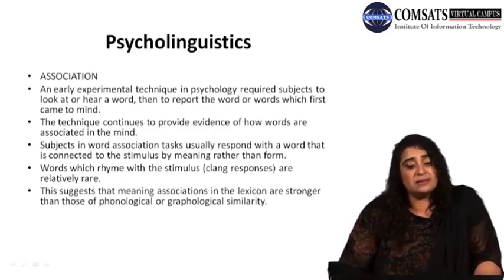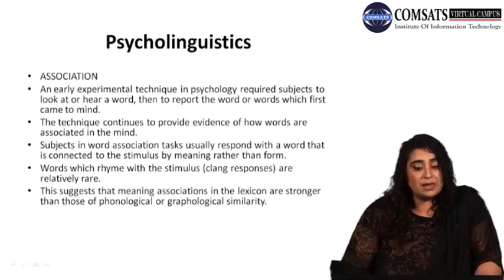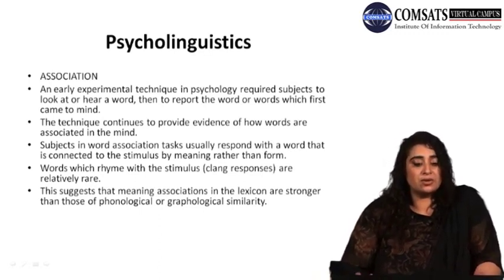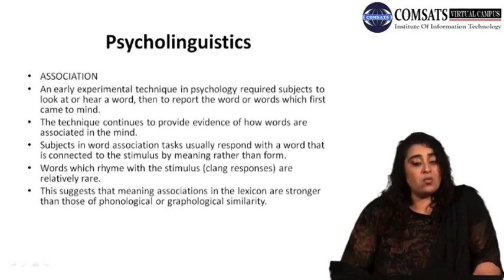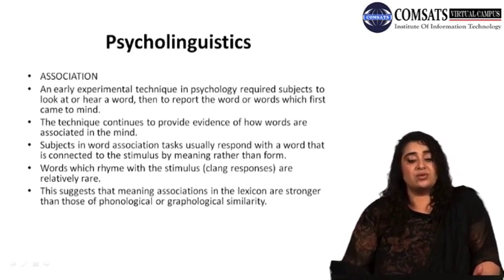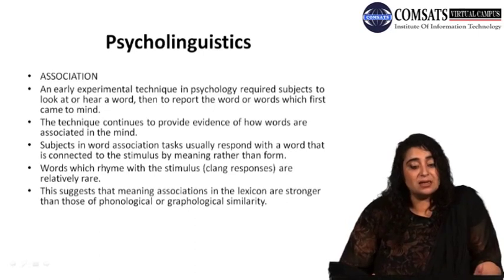An early experimental technique in psychology required subjects to look at or to hear a word, then to report the word or words which first came to mind. The technique continues to provide evidence of how words are associated in the mind. Now subjects in word association tasks usually respond with a word that is connected to the stimulus by meaning rather than form.